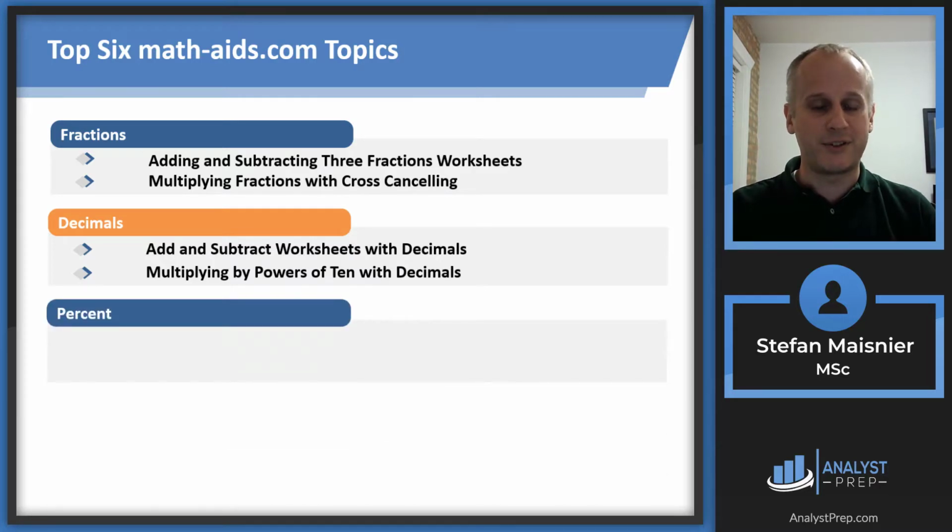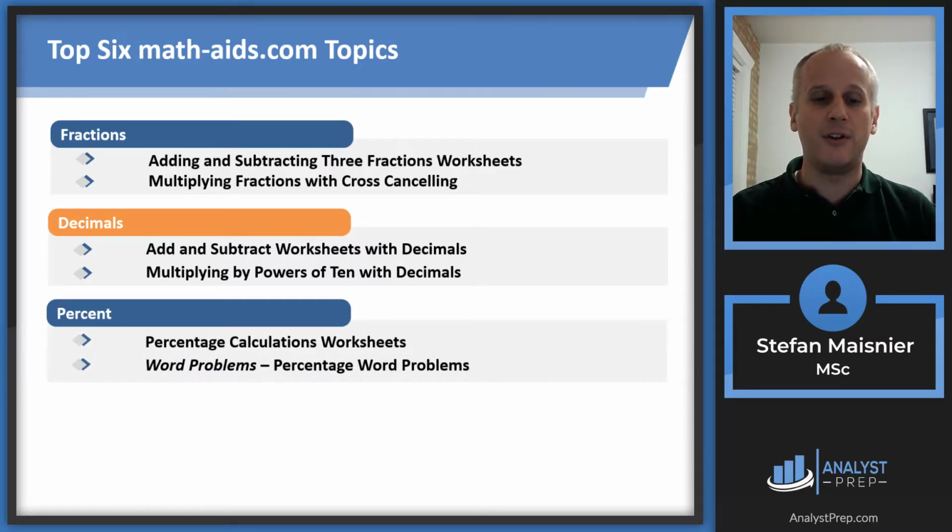And then percentages, which they just call percent because it's Math Aids and it's a little bit antiquated. But using some percentage calculations worksheets will be helpful. And also, you'll want to go into the word problems part of the left-hand navigation and find percentage word problems, because obviously percentages are often leveraged for word problem scenarios on the GMAT.